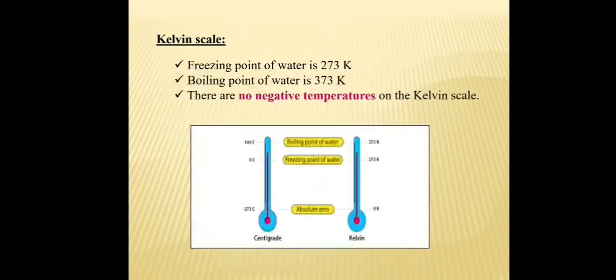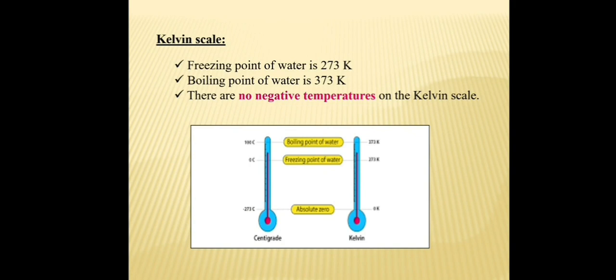Now let's see what is the Kelvin scale. Actually, this is an important scale. We commonly use it for scientific and technical purposes. On the Kelvin scale, the freezing point of water is 273 Kelvin and the boiling point of water is 373 Kelvin.